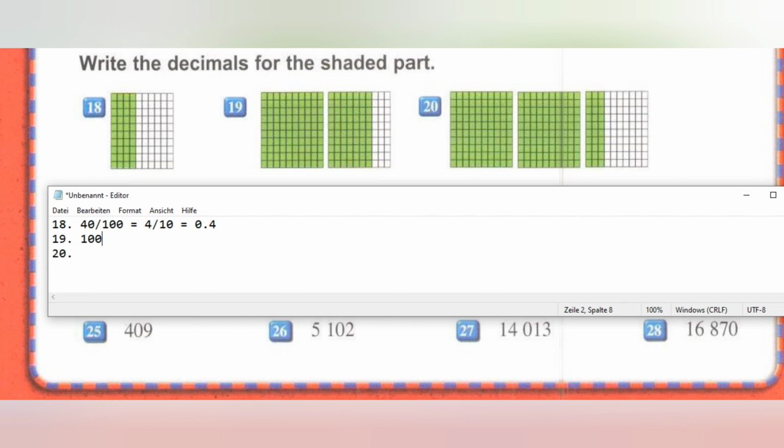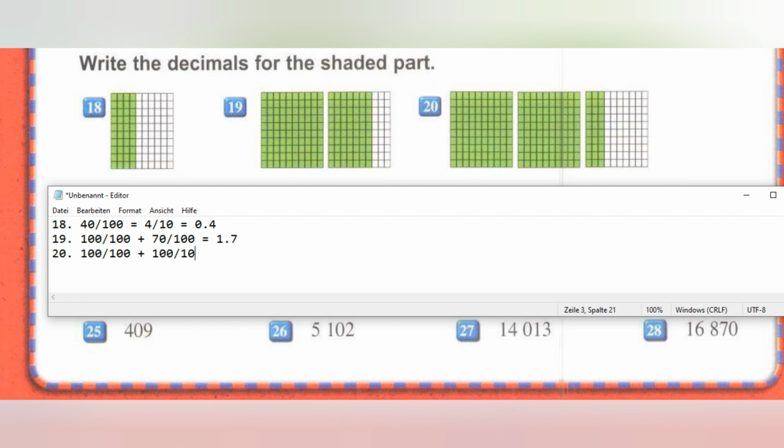It means 100 over 100, and now after we can put plus 70 squares over 100, and together is 1 plus 0.7. It means 1.7.